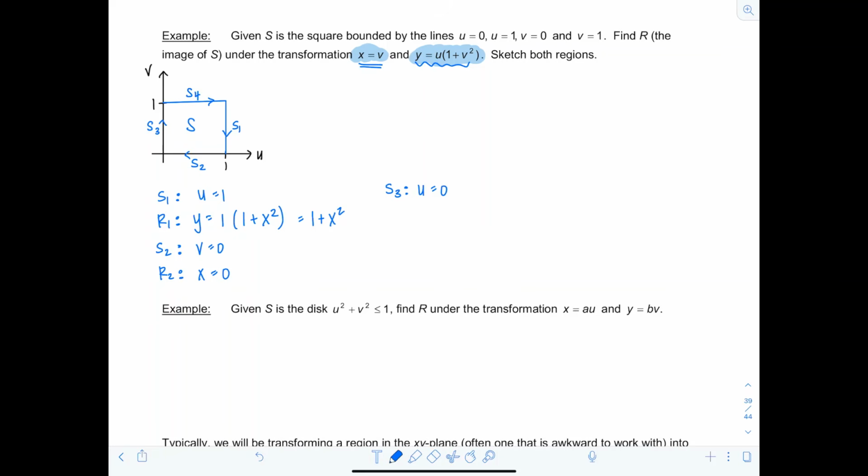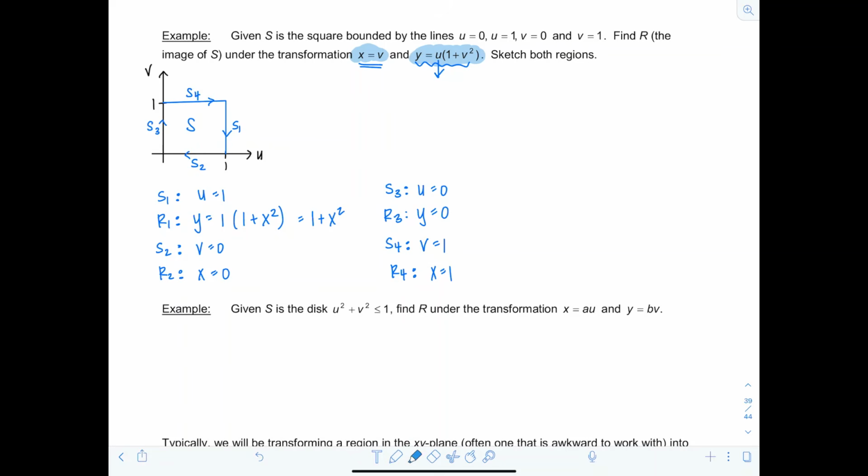Well, if u is equal to 0, that means y is equal to 0. So R3 would be y equals 0. And S4, that has the equation v equals 1. And so R4, if v is equal to 1 and x equals v, that would just be given by x equals 1.